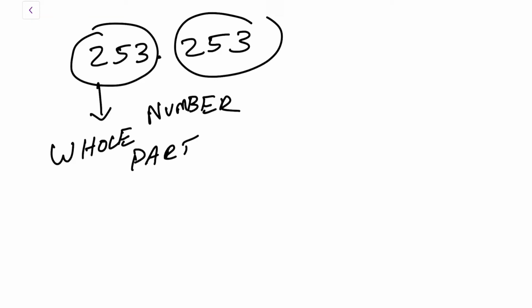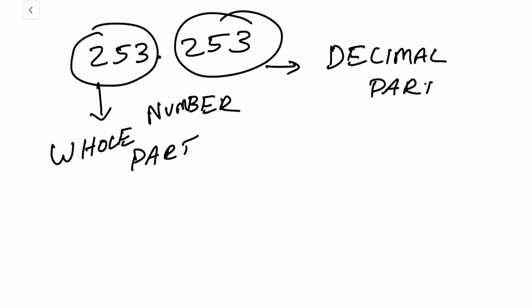And this is your decimal part. Alright, remember this. And now you tell me, 176.005. If this is your decimal number, I'm going to underline a particular digit and you have to tell me what is the place value.